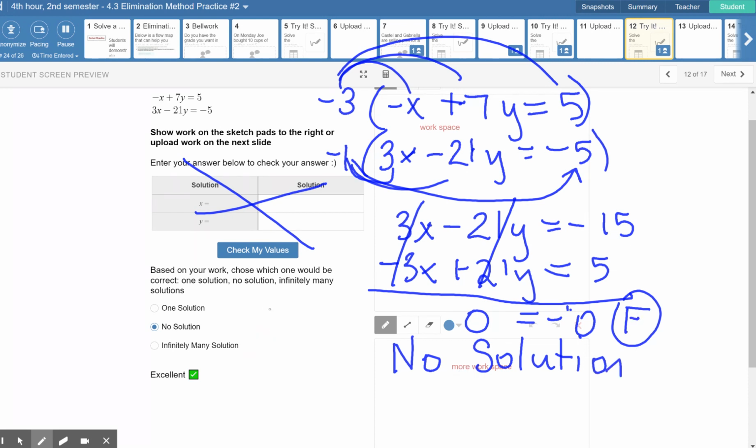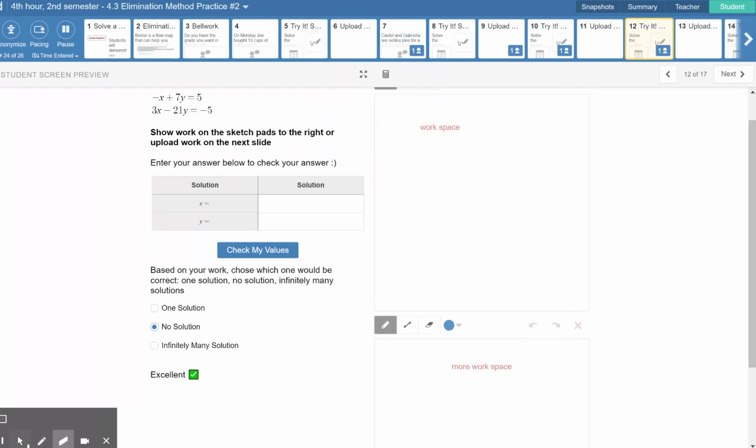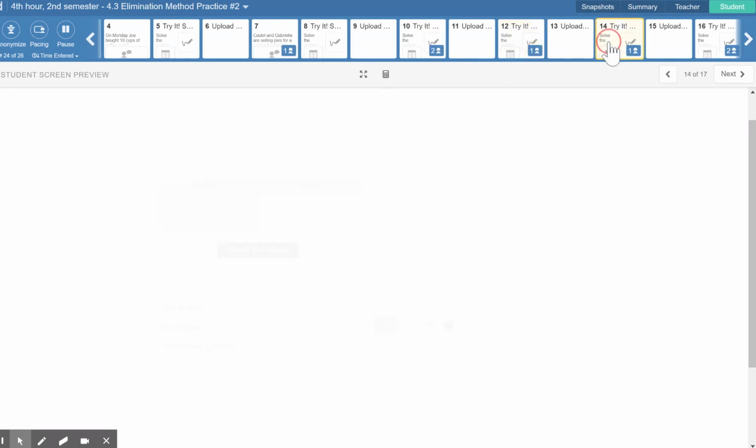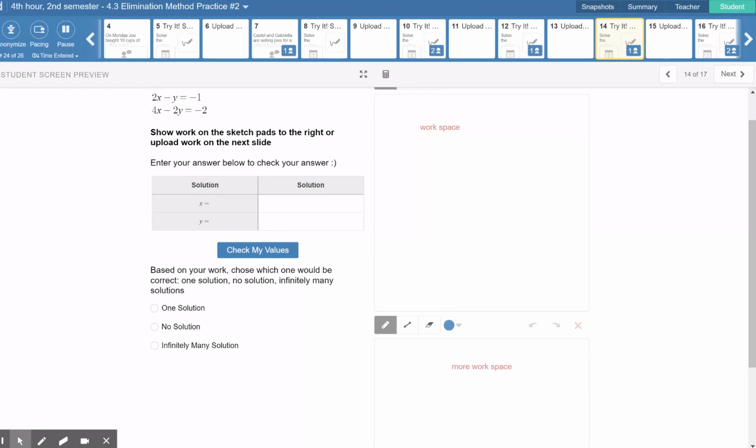Now, the same idea applies with slide number 14 and slide number 16. So the only concern that I have, you have to make sure that you make one of the numbers opposite when you're multiplying. And just make sure that you take your time and distribute correctly.